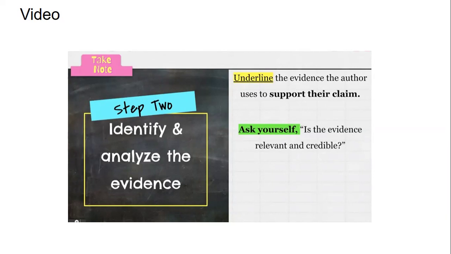And then you need to ask yourself, is the evidence relevant? Does it match the claim? And is it credible? Does it have that backing that makes it strong? Or did they just find it off a blog post from 12 years ago? After you do all that, you need to decide, did the author fully support their claim?